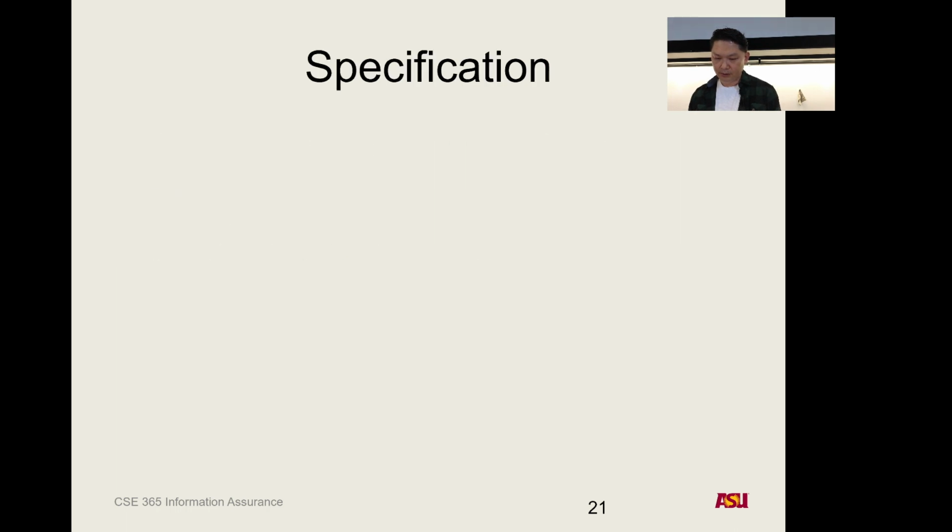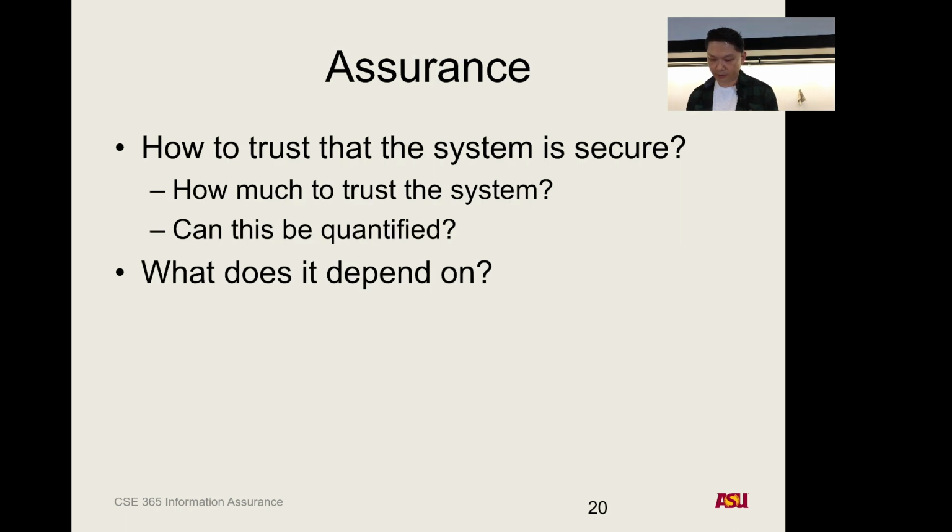Okay, back to the term assurance. Assurance is regarding how much you can trust the systems. What can you say? How can this be quantified? What does quantified mean? You can count numbers, 10, 20, 100, right?